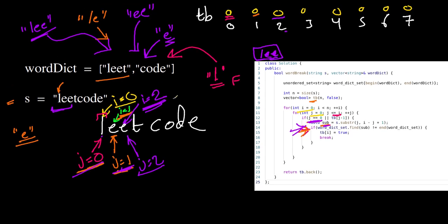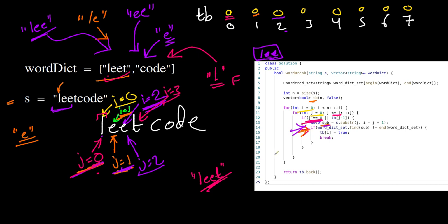Next we check for i equal 3, and we start with j equal 0. For j equal 0, this condition applies. From 0 to 3, what is the word? It's leet. Is leet in the dictionary?